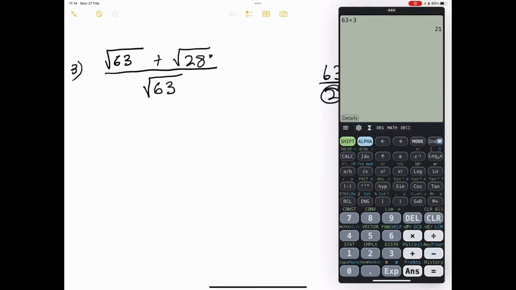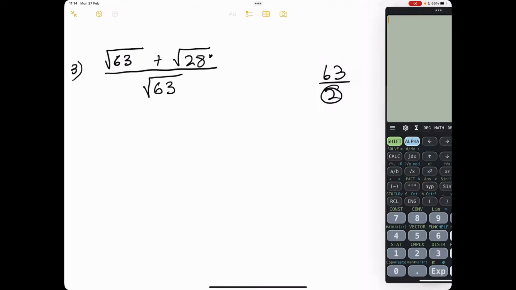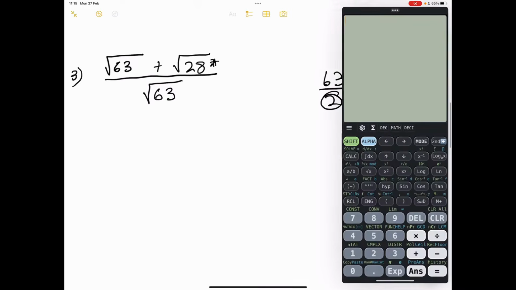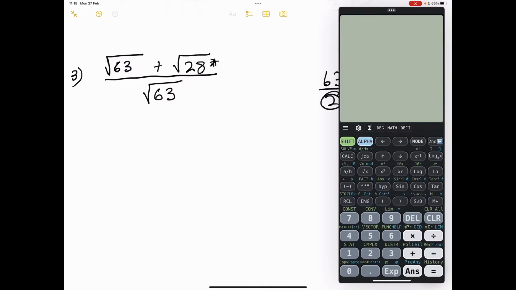But I can almost see that we're looking at the ballpark of 7, because when I look at 28 there, I know that 4 multiplied by 7 would give me 28, right? So would it be possible for me to use 7 then? 63 divided by 7. 7 is a prime number.